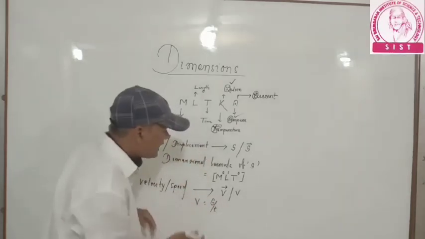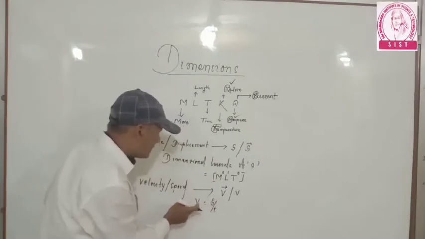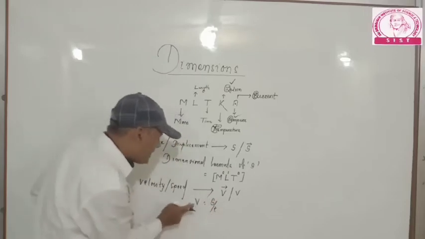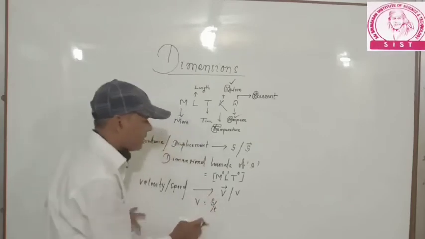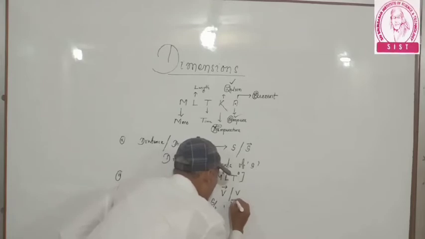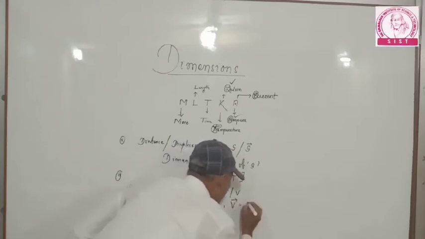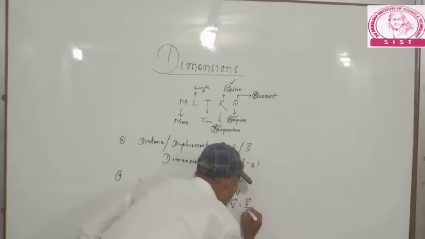You may say it is distance by time. If it is speed, then it is distance by time. If it is velocity, then it is displacement by time. I can write it in this way: if it is velocity, it can be written as vector by time.